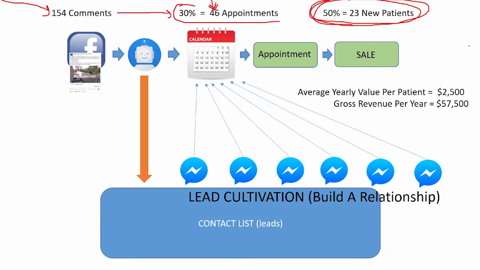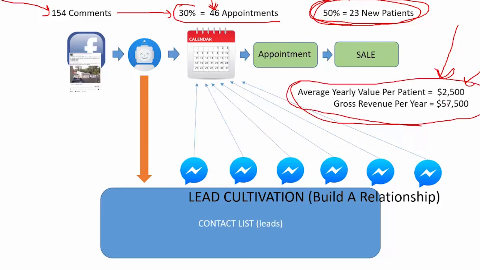Now, if we put this into a typical scenario, most chiropractors or wellness centers or healthcare businesses are offering a care plan to where when it's all said and done, the average person, maybe some people are paying $500 a year, other people are paying $5,000 a year, but on average, the typical patient is paying $2,500 per year. Now, if this is the scenario, then that practice is going to have an additional $57,500 added in gross revenue.